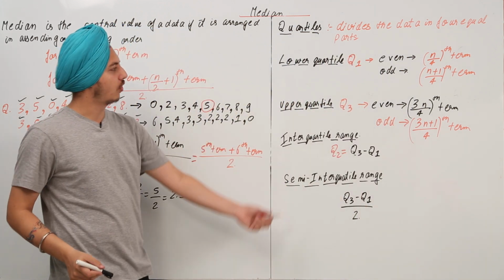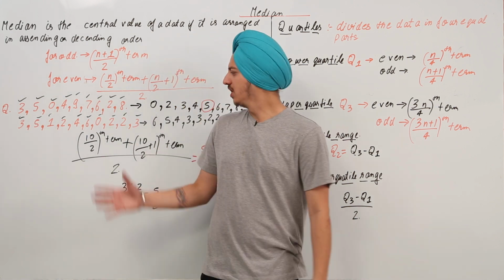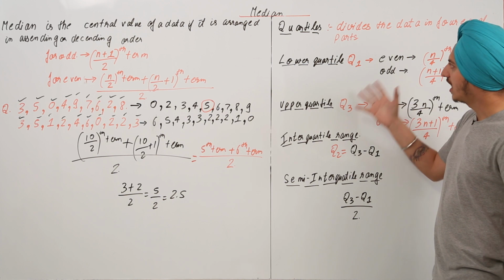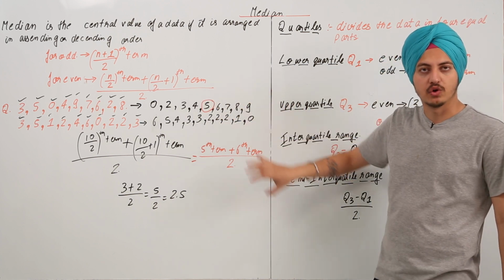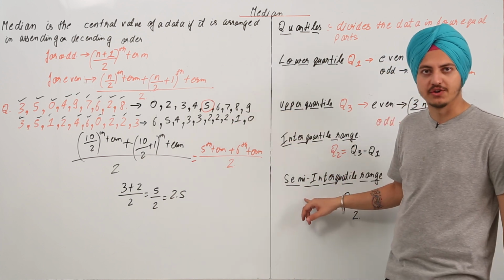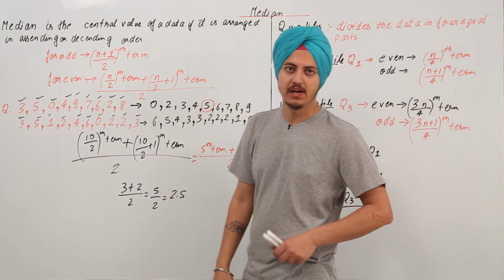So these are what quartiles are and the formulas for them, and we will be covering them in a few questions. In these questions, do me one favor and apply quartiles yourself. Find the lower quartile, upper quartile, the interquartile range and the semi-quartile range for these two questions on your own. This is very simple and very easy to do.